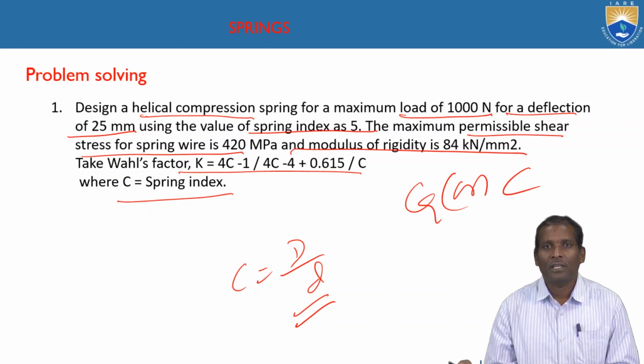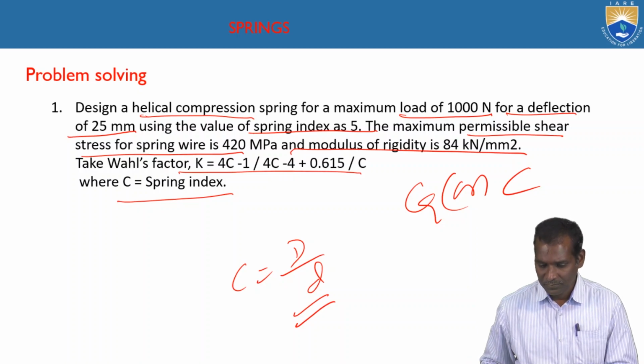Clear? So the given problem is like this. Now we have to design a helical compression spring. In design, we have to calculate all parameters by using empirical relations. Clear? We will see the solution.